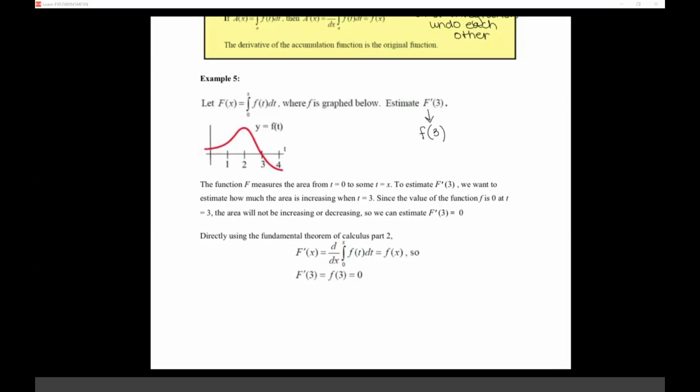Okay, this is the same thing, okay? The derivative of the integral is just the original function.